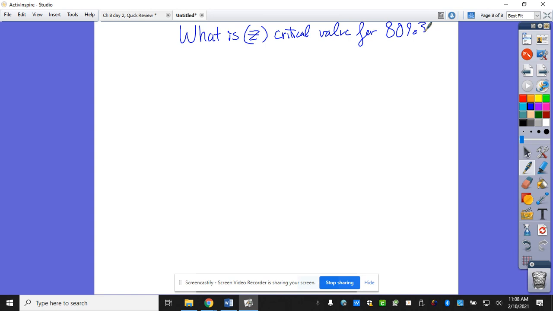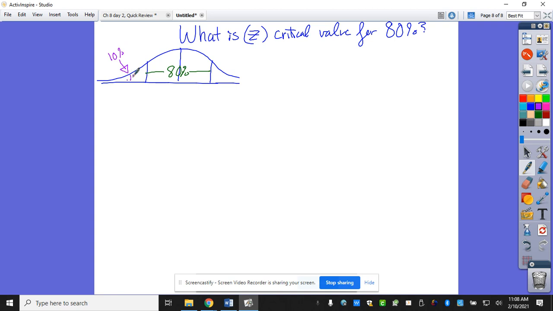What's the first thing I do? I can draw it. Split equally, one on the left, one on the right. This is 80%. How do I figure out how much is just in that tail? 1 or 100 minus this, and that gives me what? So 80% is between, how much is not between? 20%. What do I want to do with that 20%? Divided by 2, so this is 10%.